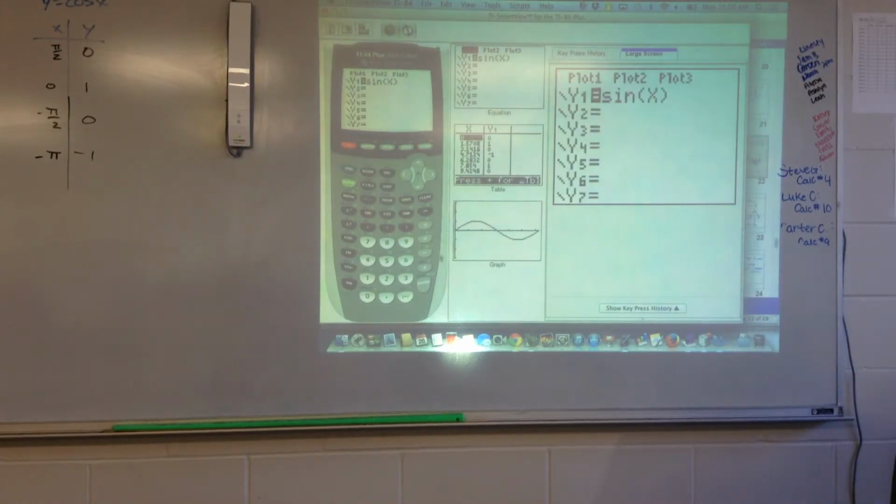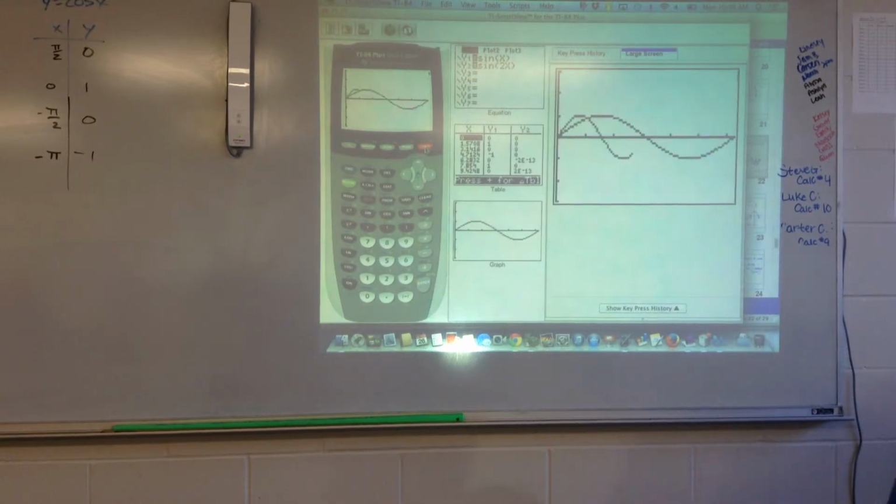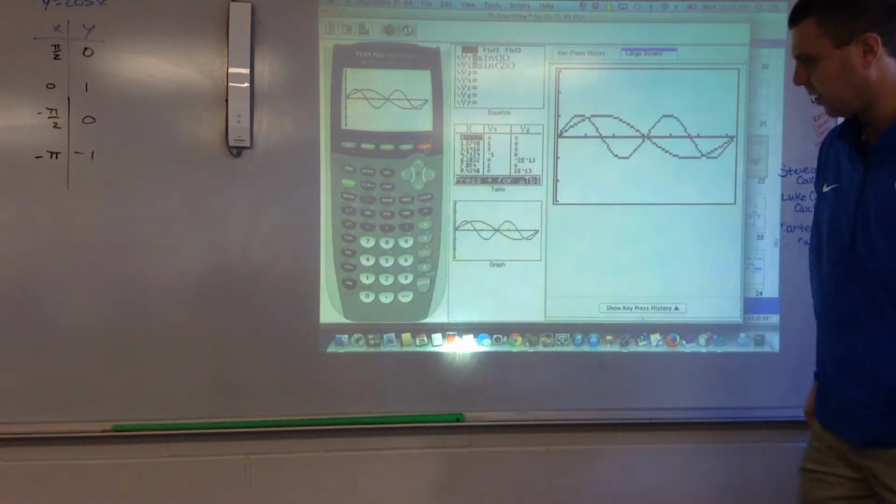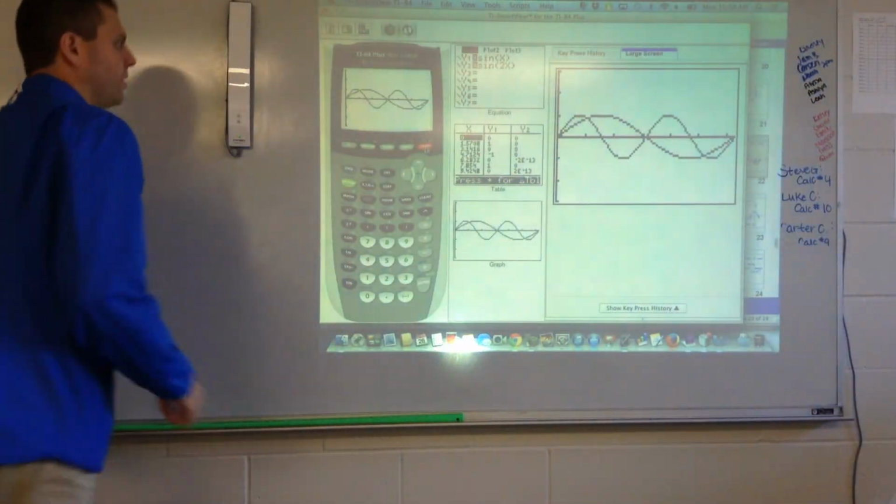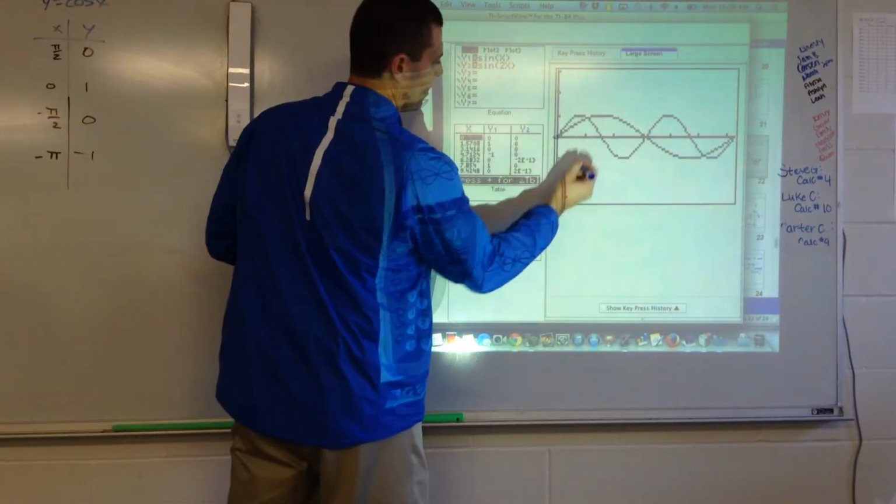So if I go sine 2x, I want you to see both of them. What happens? That looks really weird. It shortens the wavelength. If you can follow this here, I'll maybe outline it in blue. Here's our new one.